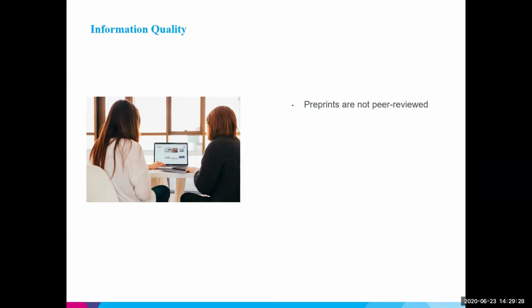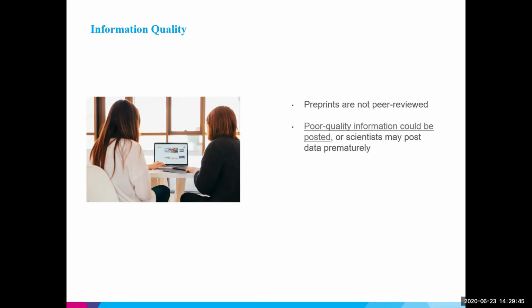So this is not a problem that's unique to preprints. It's an issue that is publication-wide. There can be terrible information in peer-reviewed work as well.